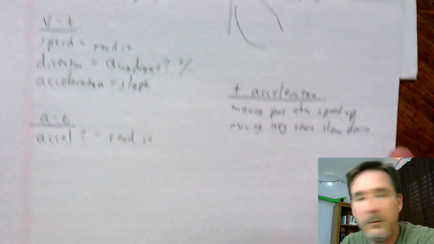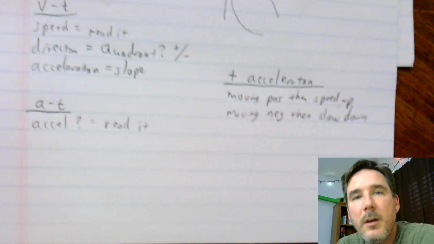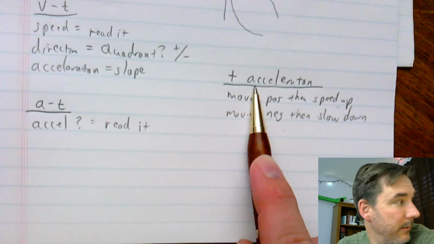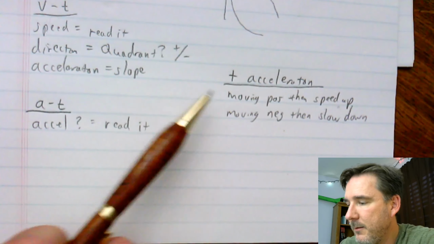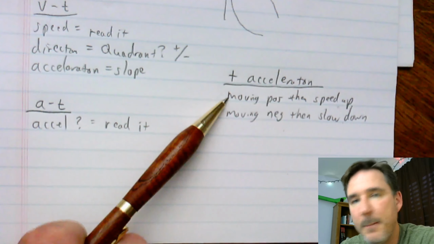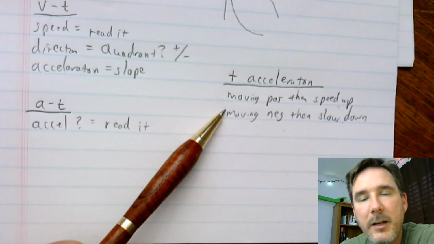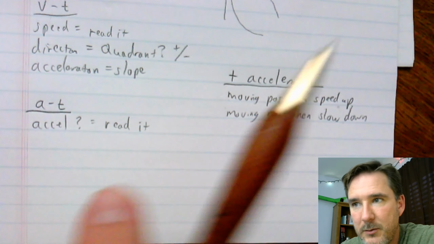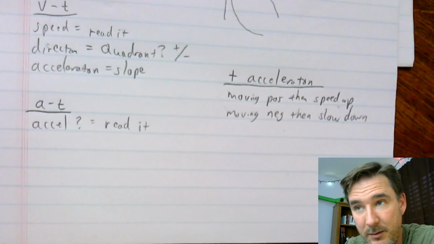Oh, hey, let's see if I can write that where you can see it. So if you have a positive direction, that means the wind's blowing forward. It's blowing positively. And so if you're moving in that direction positively, it's going to speed you up. If you're moving in the backwards direction, negative direction, then that wind that's blowing positively is going to slow you down. So it's possible to have a positive acceleration, but it slows you down.